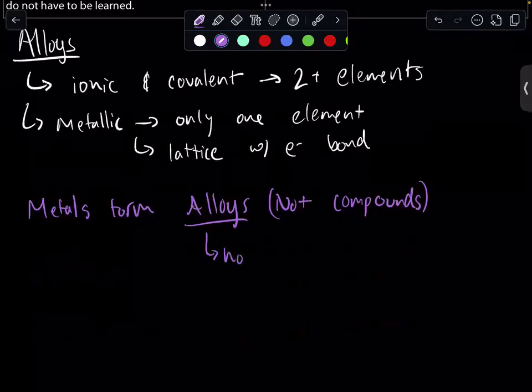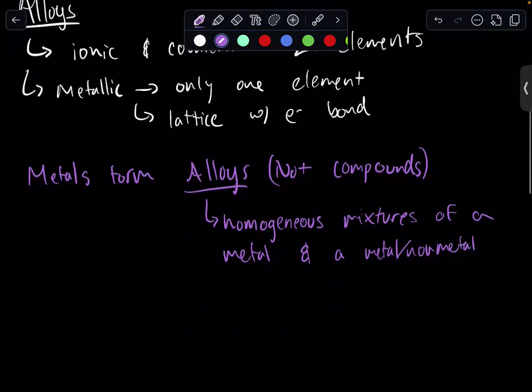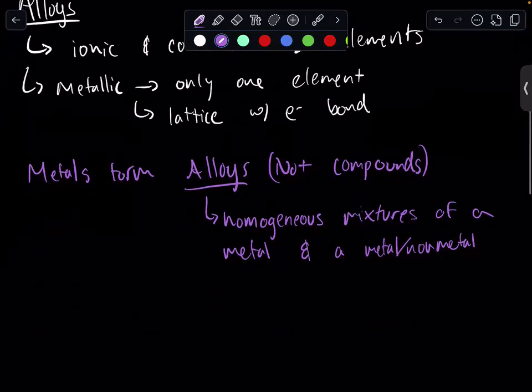Specifically, these are homogeneous mixtures of a metal and a metal or a non-metal. It's almost like a solid solution where the solvent is one thing and the solute is another. And that's what alloys kind of are like.